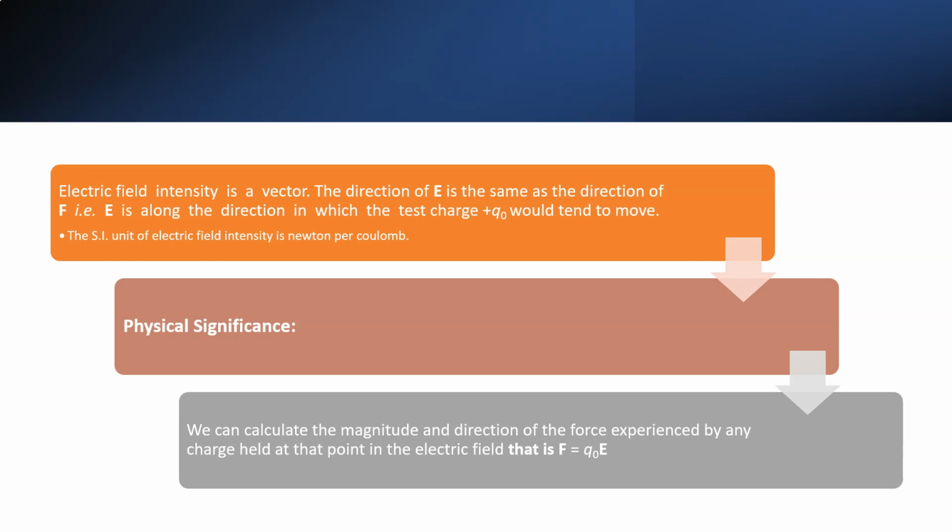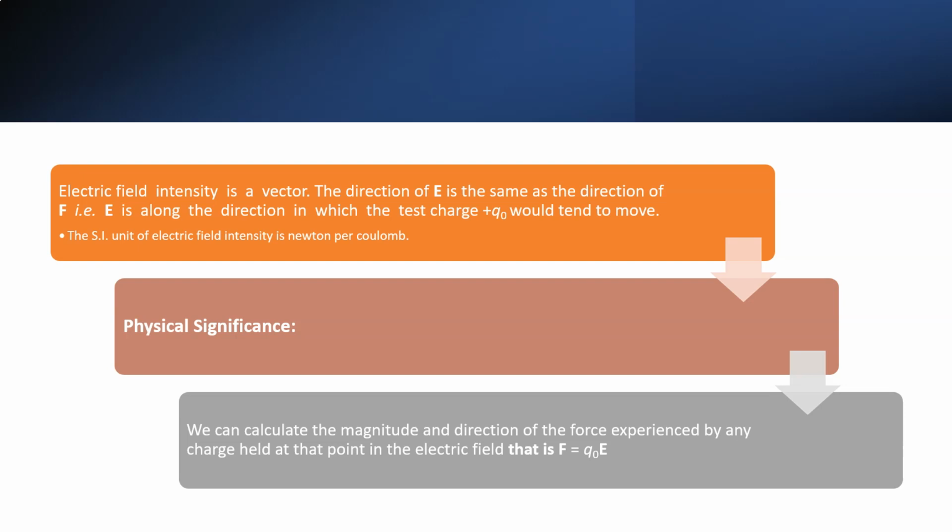The direction of electric field intensity is the same as the direction of force. That is, E is along the direction in which the test charge Q naught would tend to move, because the force will move that charge.